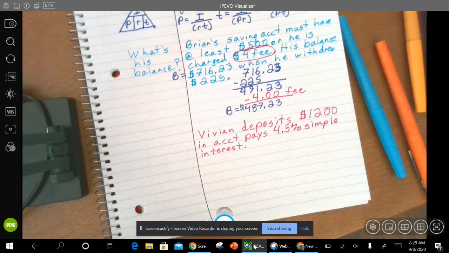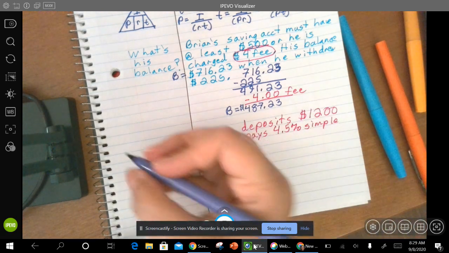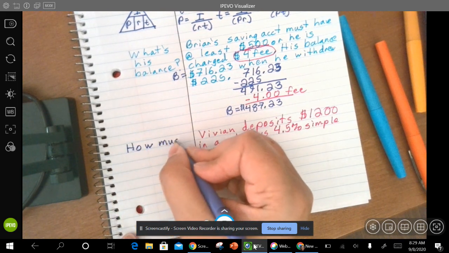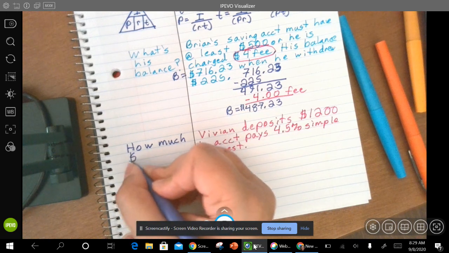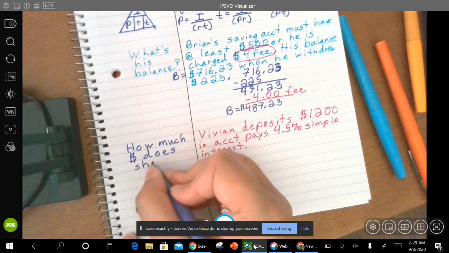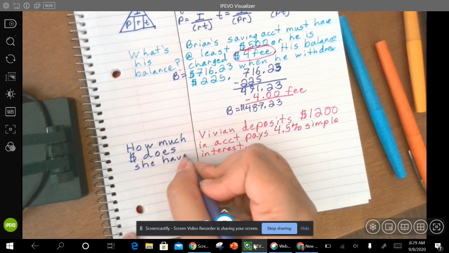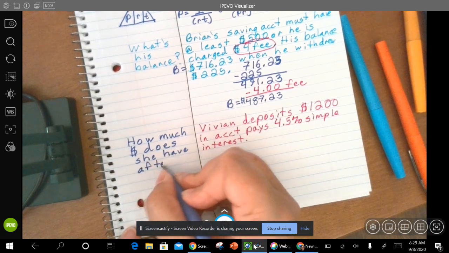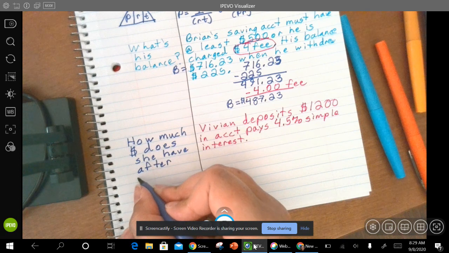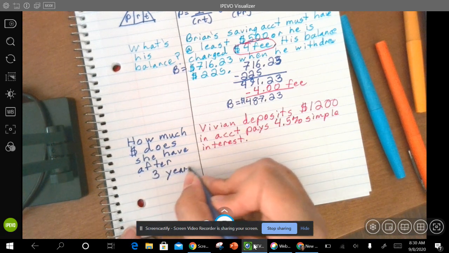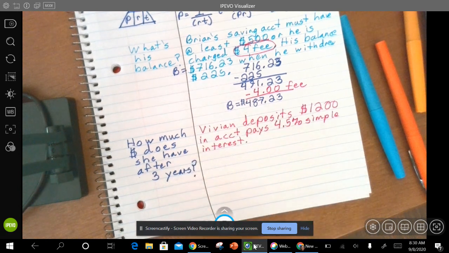How much money does she have in her savings account after 3 years? We want to know how much money she's going to have in her savings account after 3 years.